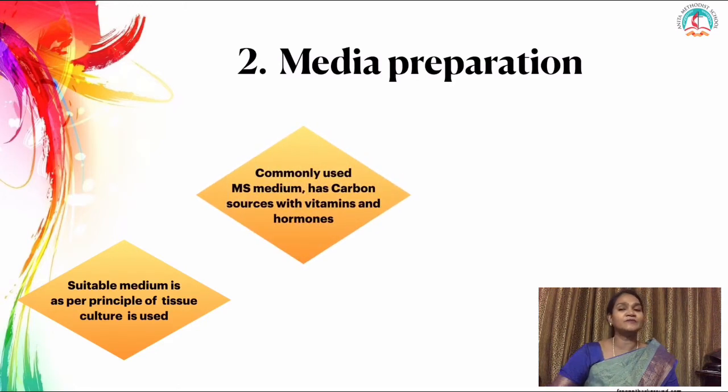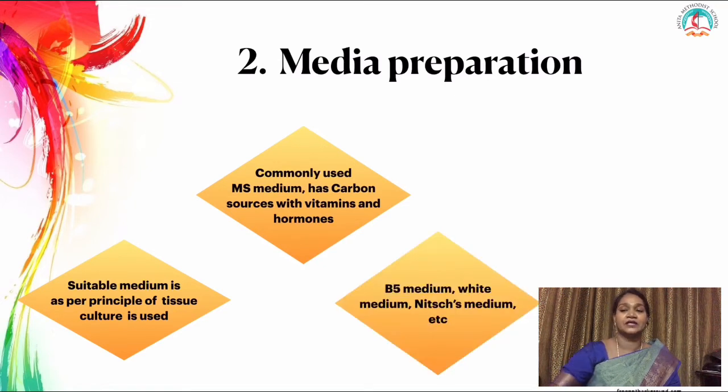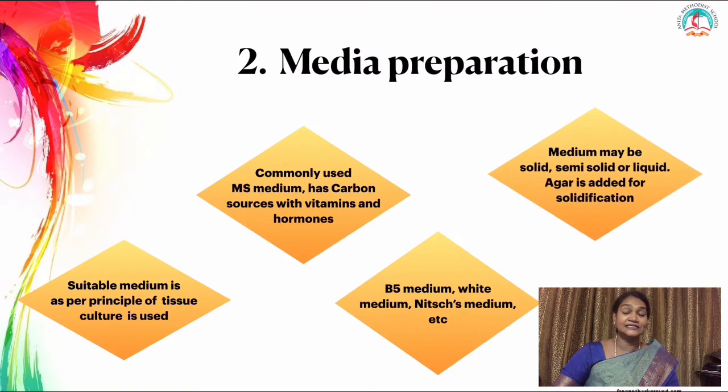The commonly used medium is MS medium, which has a carbon source with vitamins and a number of hormones for the plant's growth. Apart from this, there are other media like B5 medium, White medium, Nitsch medium, etc. The medium may be solid, semi-solid or liquid. Agar is used for the solidification of the medium.